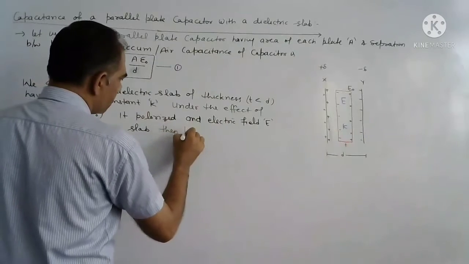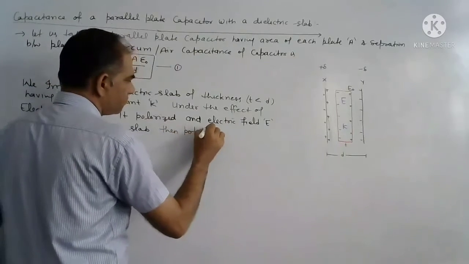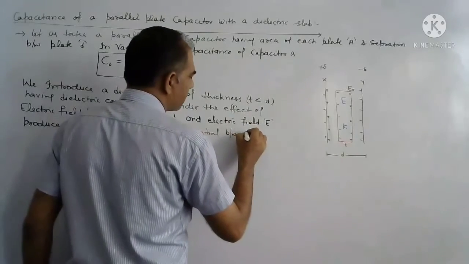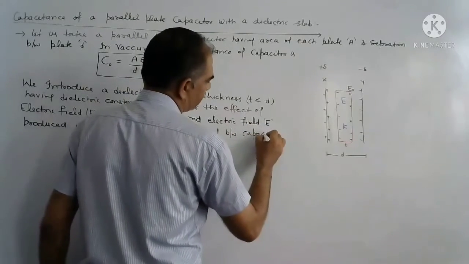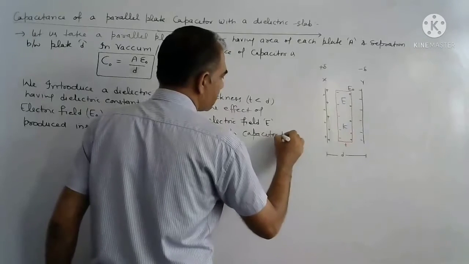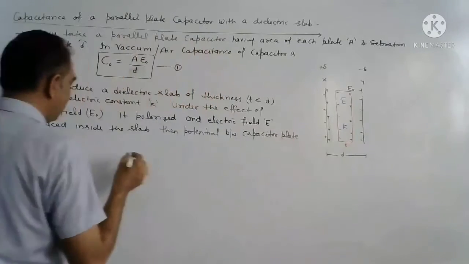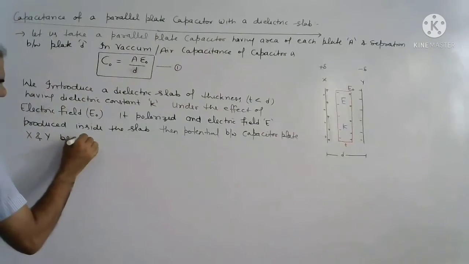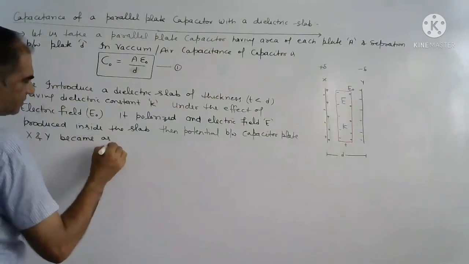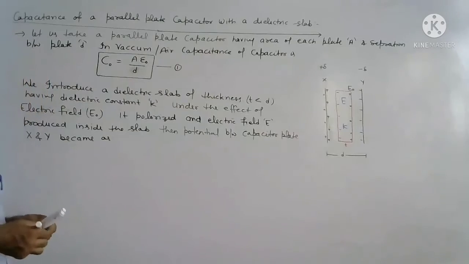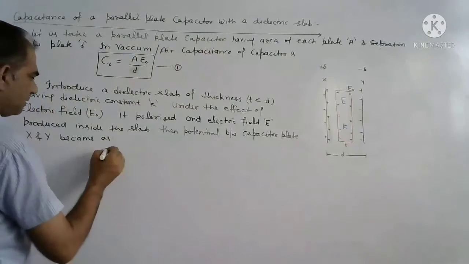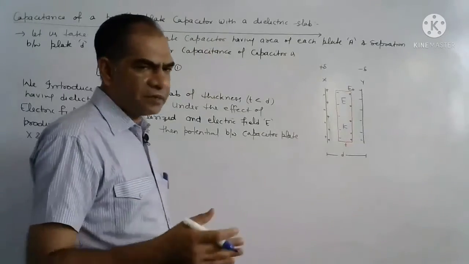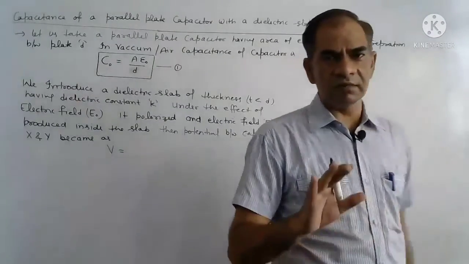Then the potential between capacitor plates X and Y becomes as follows. We know very well that potential V is equal to the electric field times the separation between the plates.